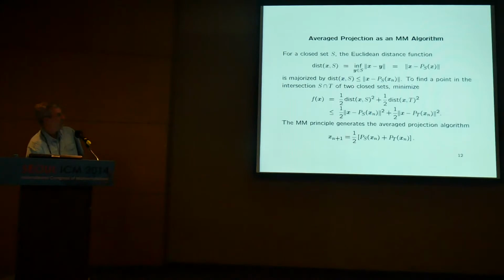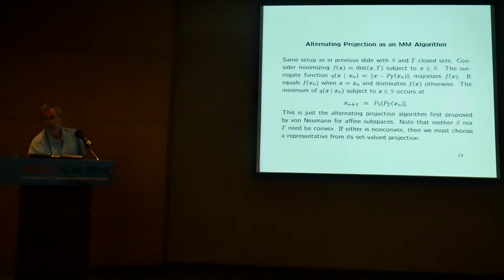The solution simply is you average the projection onto S with the projection onto T, the two sets you want to project onto. This is not new material, it's very classical, but what's interesting is you can motivate it from this MM perspective. You can, quote, derive the algorithm. You can't derive all the properties of the algorithm, but you can give a principled derivation of the algorithm.